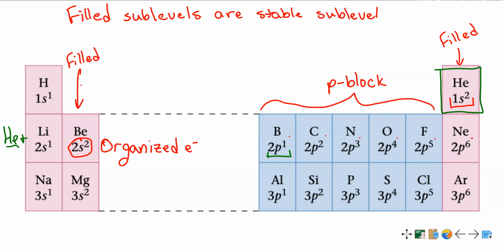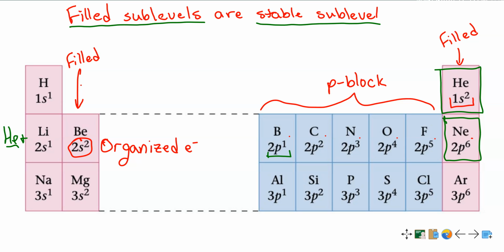When we get to neon, that's another filled sublevel, so it's significant. The noble gases are significant because they are filled sublevels, which make them stable sublevels.